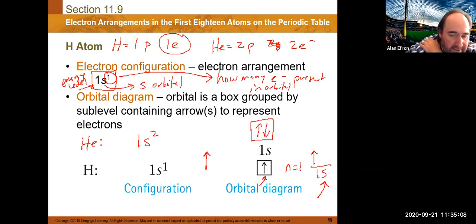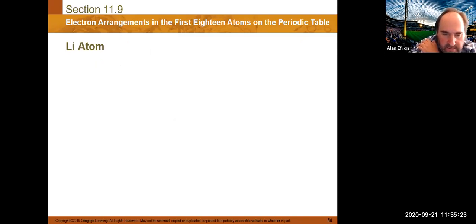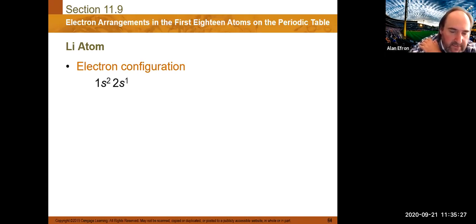So again, at this point, after helium, we cannot put any more electrons in there. We need to go to the next lowest orbital if we had more electrons to put in. Any questions on that there? Now, lithium would be 1s2, 2s2, I'm sorry, 1s2, 2s1.